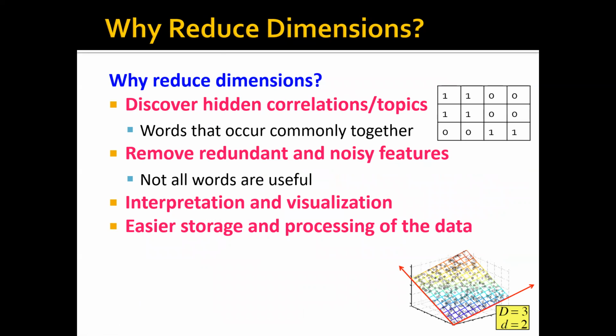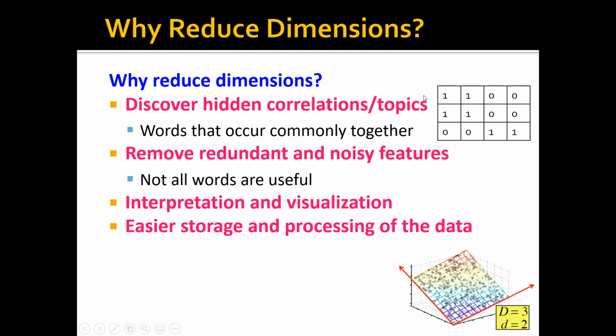So why do we want to reduce dimensions? One possible reason is that we want to discover hidden correlations or topics from a larger matrix. For example, we might want to discover the words that occur commonly together. Let's say that we have 3 documents here, 1, 2, 3, represented by each row, and we have a vocabulary of only 4 words: word 1, word 2, word 3, and word 4.